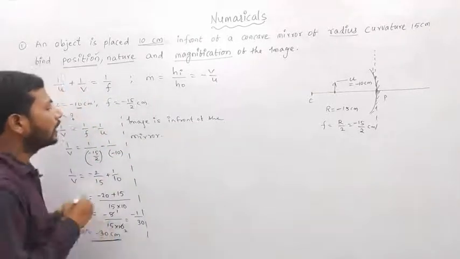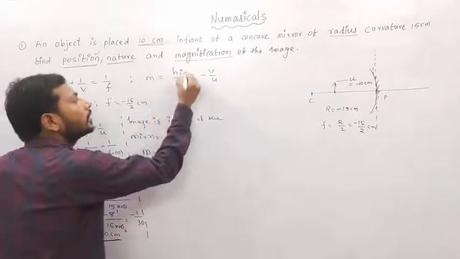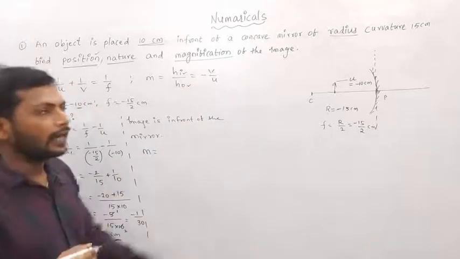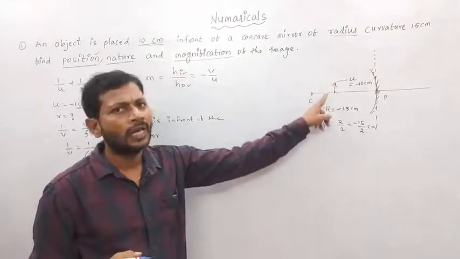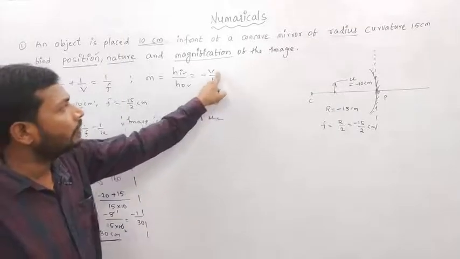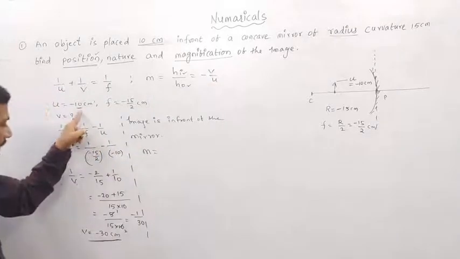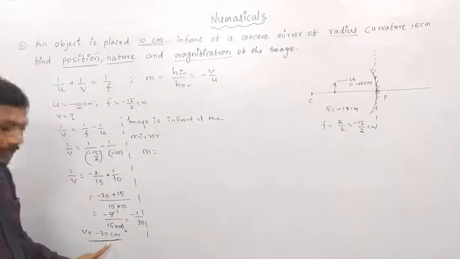Now I am going to take, sir, magnification equals height of the image by height of the object. But here there is no information about the height of the image and height of the object, so leave that. We have the information about u and v. u is given minus 10, v we got already minus 30.